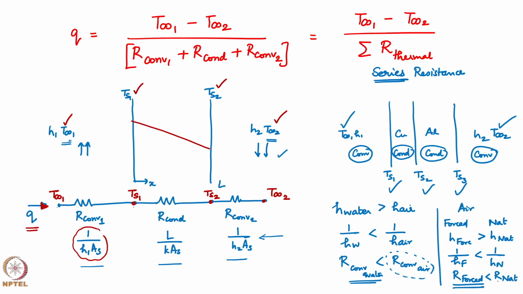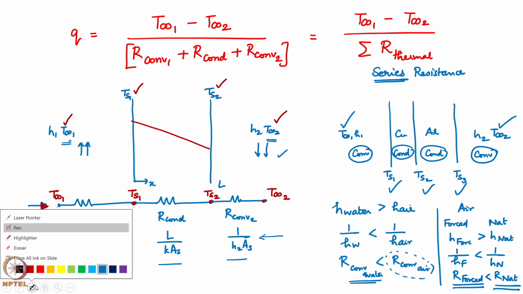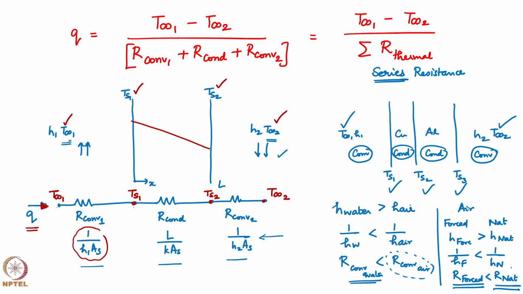So, with forced convection the resistance to heat transfer is lesser compared to natural convection. If I have to use fins to improve the heat transfer, I will add them to the natural convection side. The lower heat transfer coefficient side is where I want to enhance the heat transfer. Okay. Now we will go to the case of a composite wall.